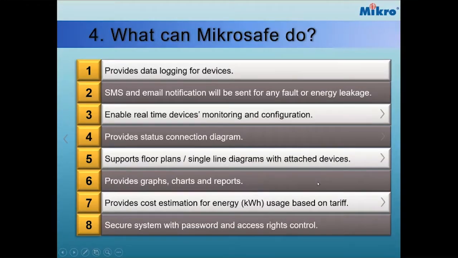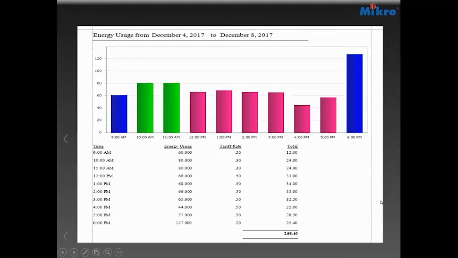And we also provide graphs, charts, and reports for analysis and for decision-making purposes. And our software is also able to provide the cost estimation for energy usage based on tariff. What I mean here is something like our electricity bills at home.